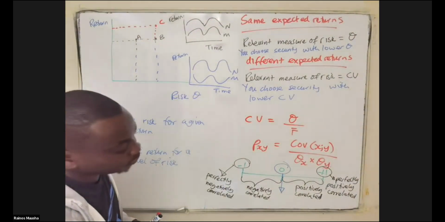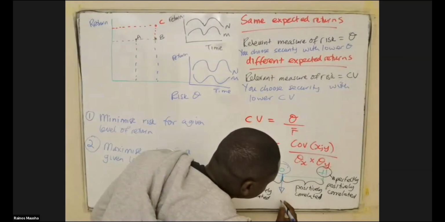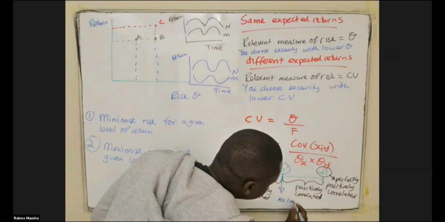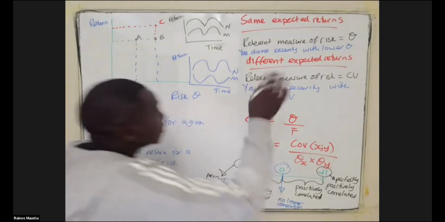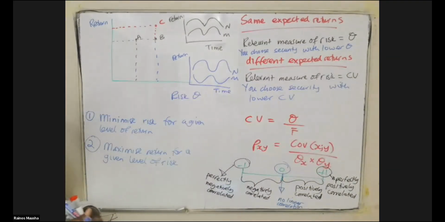And if they have a correlation of 0, this is when we say there is no linear correlation, which means their returns are basically moving with no particular pattern or relationship. So that's basically what you need to know when it comes to the interpretation of the correlation coefficient. Are we on the same page?